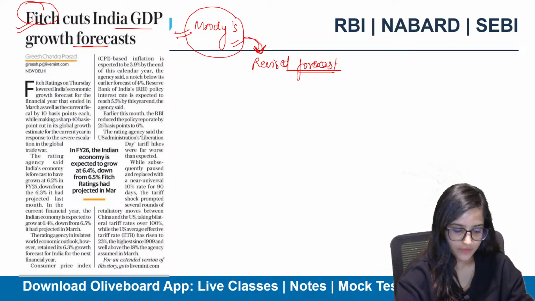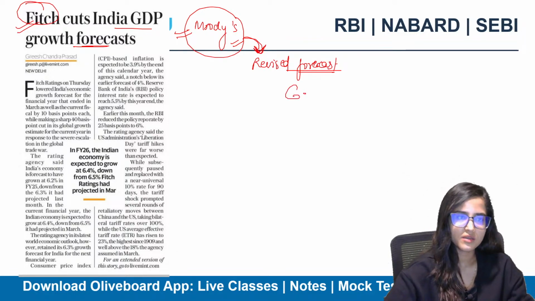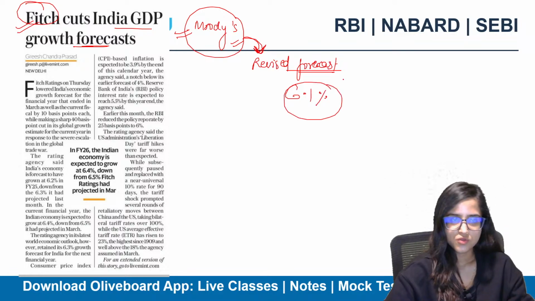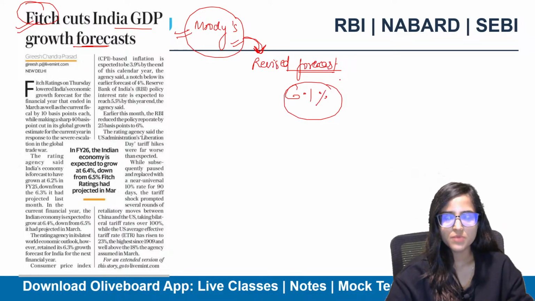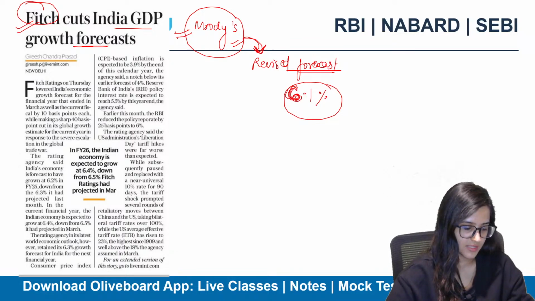Not 6.5, not 6.7. Karmik and Anurag have given me the correct answer, 6.1%. So from 6.5, 6.4%, Moody's has revised it to 6.1% for this year. Yes, Rahul, 6.1%.